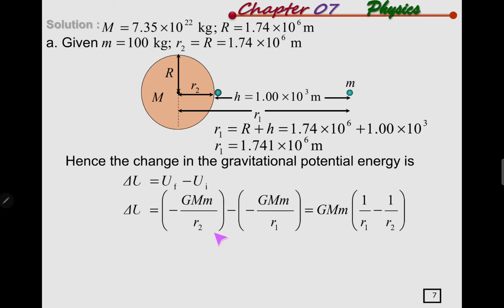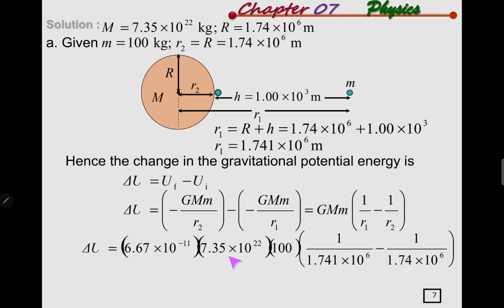Expand the equation, so final over here r2, initial will be r1. Once we expand and simplify the equation, you can replace in the values, where the change in gravitational potential energy will end up with 1.62 times 10 to the power of 5 joule.